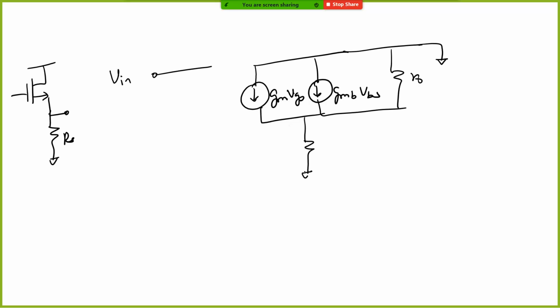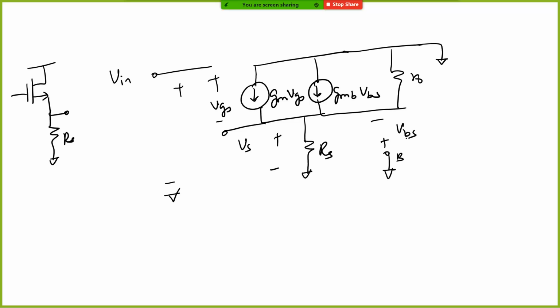We have RS, and Vin is defined between this and ground. This is, let's say, VS, and VGS is this, and also VBS, let's say the body is connected here, and so VBS is like this.